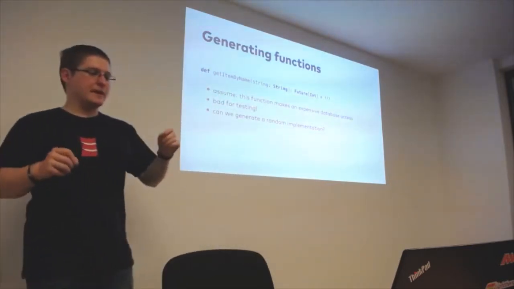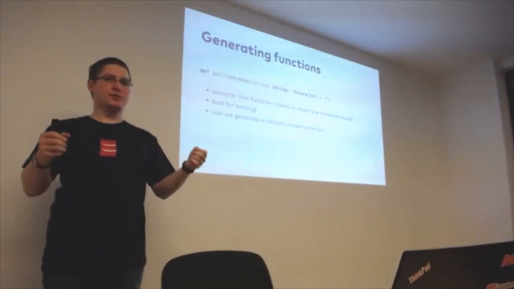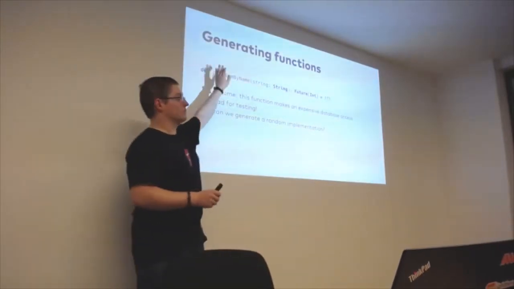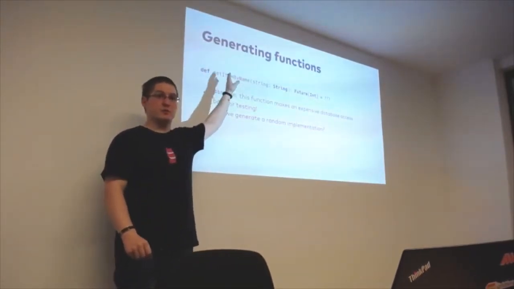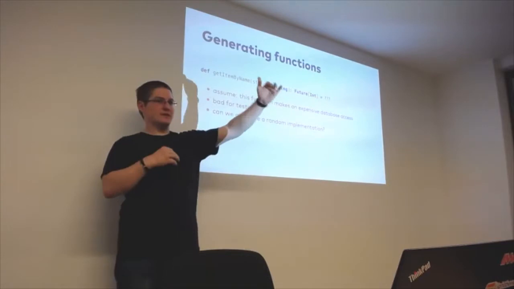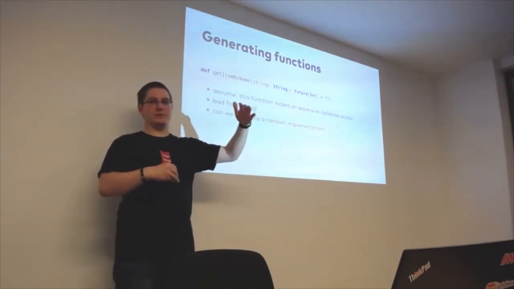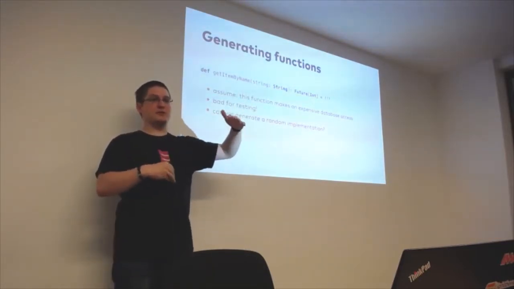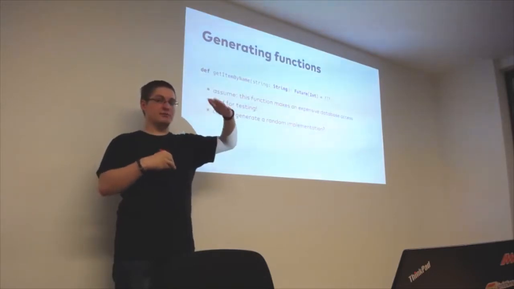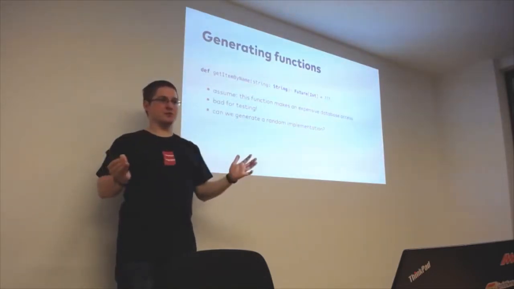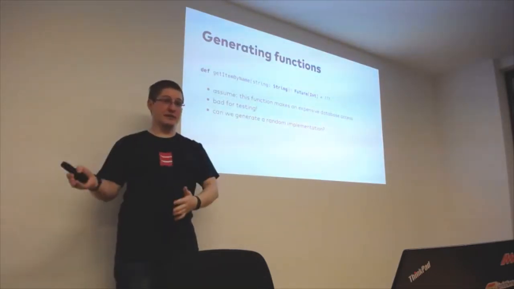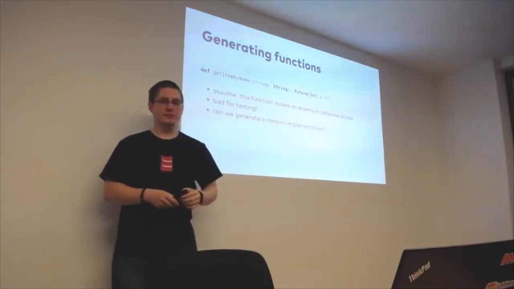So basically, every time you run the tests, you're going to get a different implementation of the function, a different random implementation, but inside one test case, it's always going to be the same thing. So it cannot possibly be the case that you call this function twice in the same test and get different results. Only if you run the test case again, then you're going to get different results.